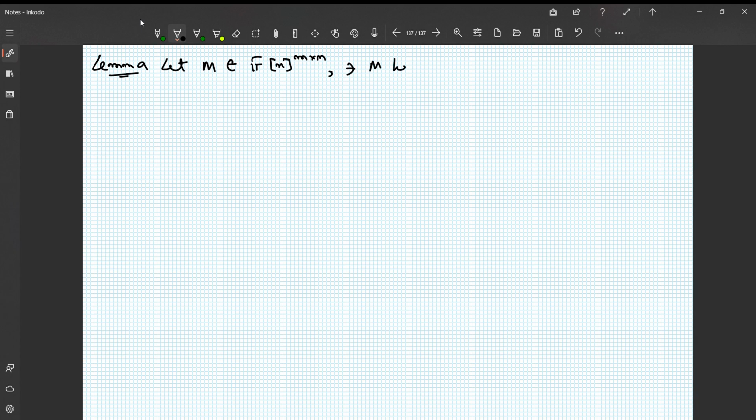And let us say rho be the greatest common divisor of the entries in column one.